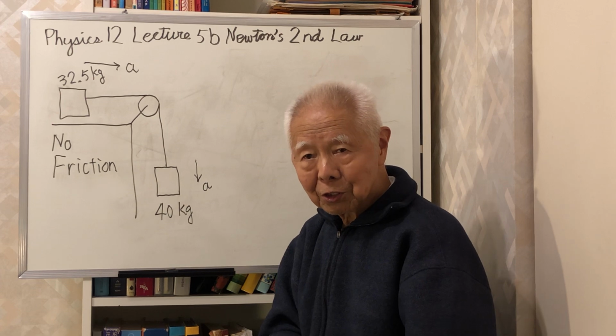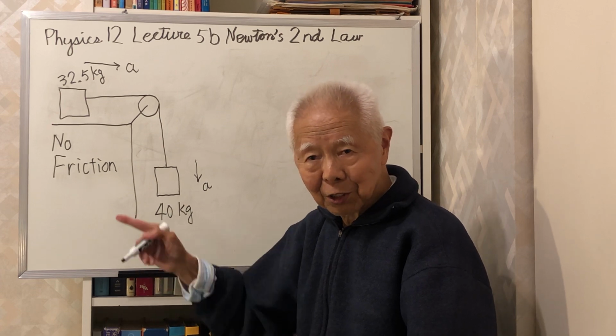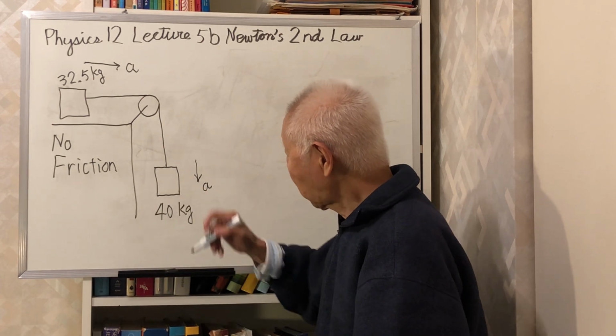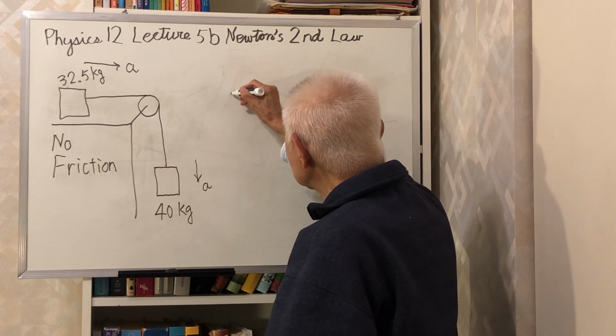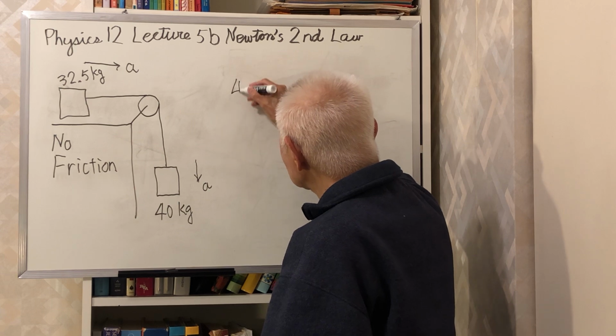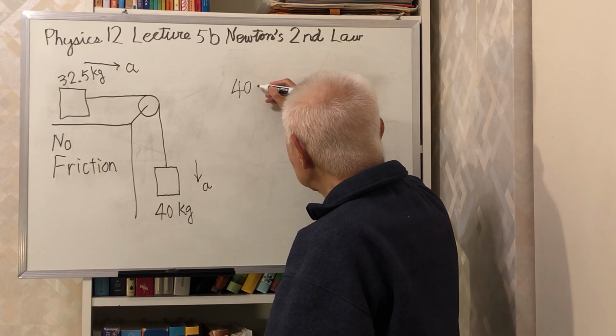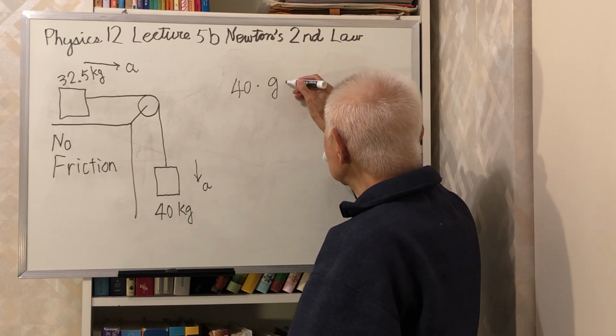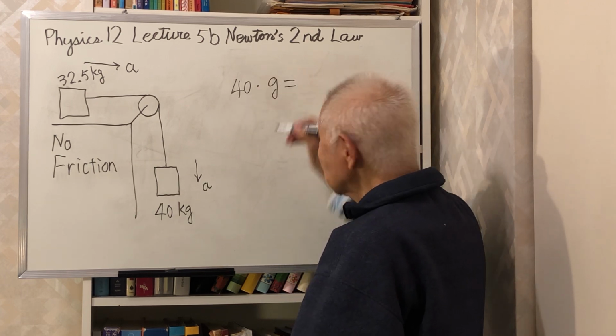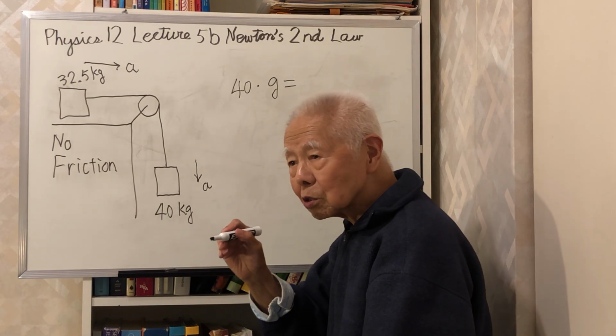Therefore, the net force is the force of gravity of this block. So the net force is mg, 40 times g. This is the net force. The net force causes the system to move.